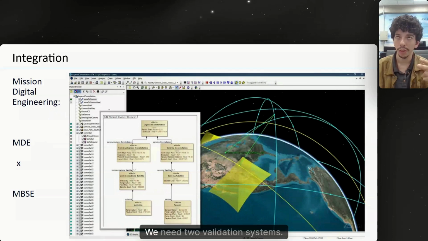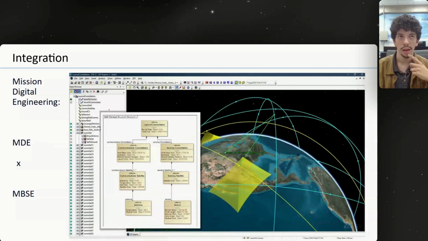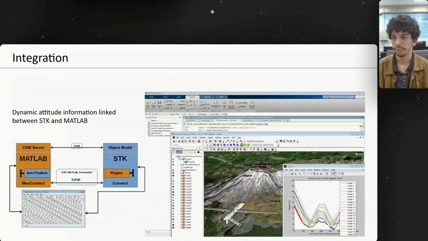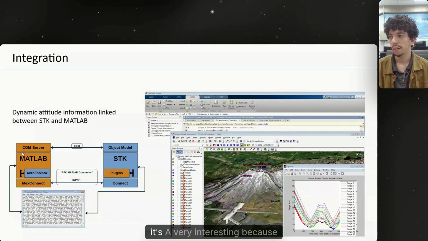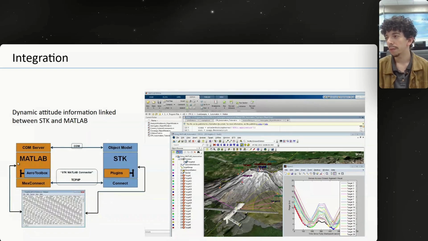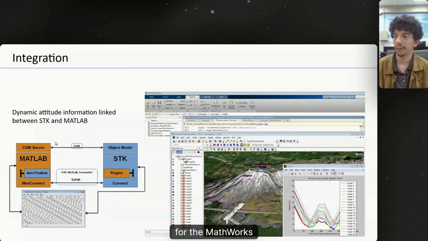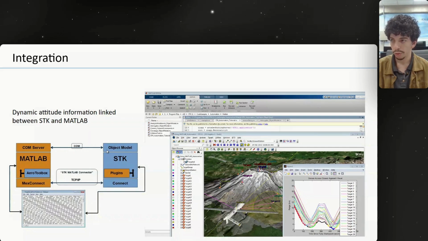And we need to validate systems, okay. And in this case, it's very interesting because STK is developed by ANSYS, but MATLAB is developed by MathWorks, and we can integrate MATLAB with STK.